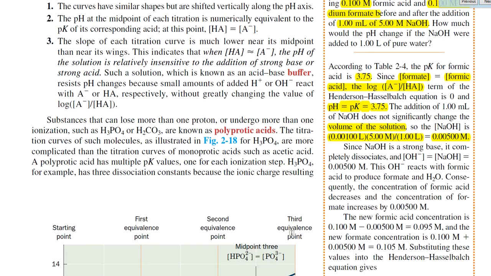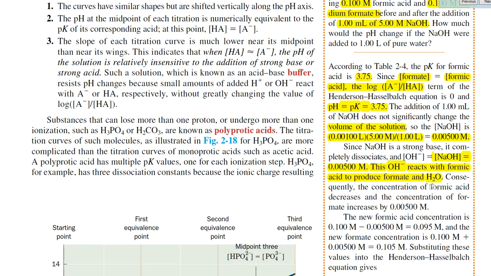We all know that NaOH is a strong base. It will completely dissociate into sodium and hydroxyl ions, and the hydroxyl ion concentration is 0.005. NaOH breaks into Na equal to 0.005 and OH equal to 0.005. This OH will react with formic acid to form formate and water.